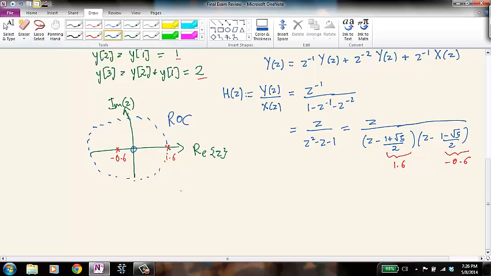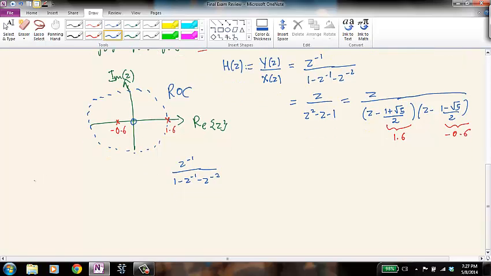So if you start with the form of H of z in terms of z inverses, I think it's better to work with this form for doing the exact calculation, just because the z transforms we've provided to you are in terms of z inverse.